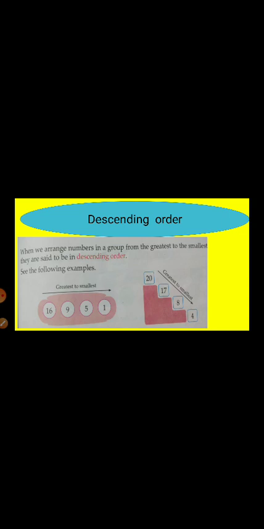See 16, 9, 5 and 1. You can see 16 is the farthest from the 0, meaning the greatest number. Then 9, 5 is smaller than 9, and 1 is the smallest number.